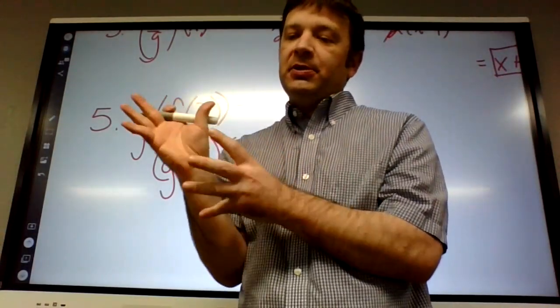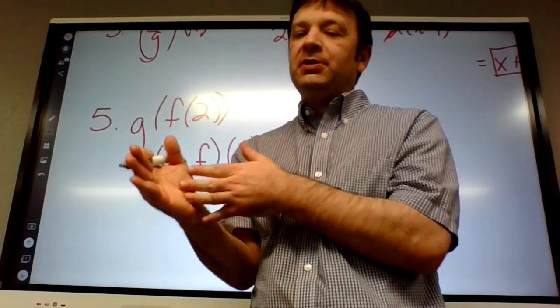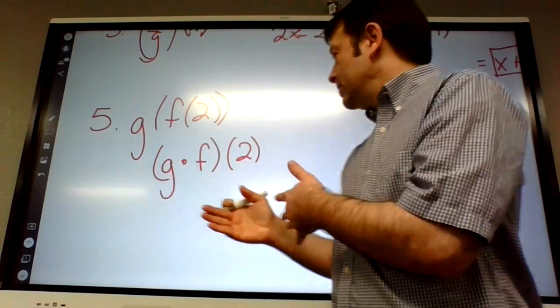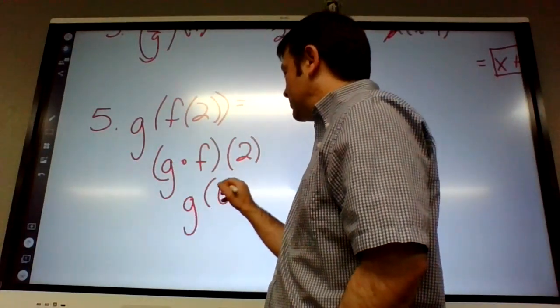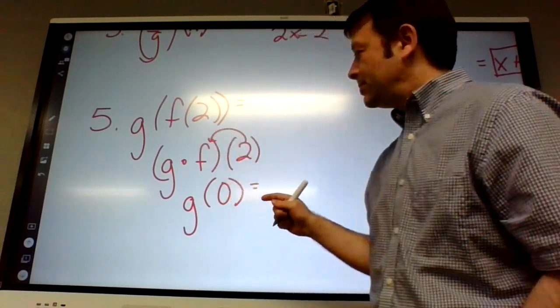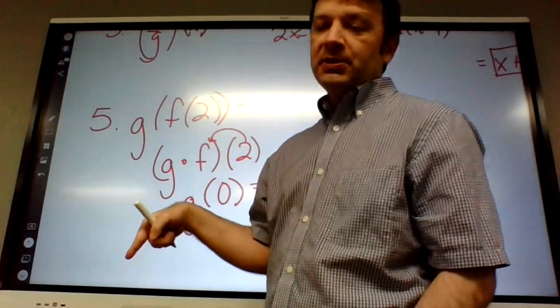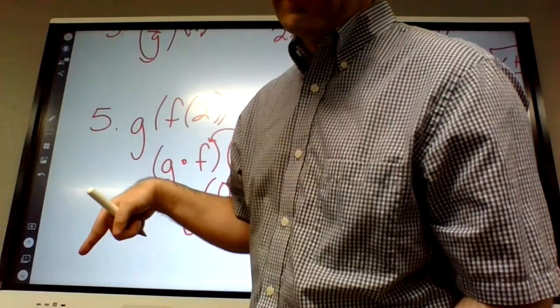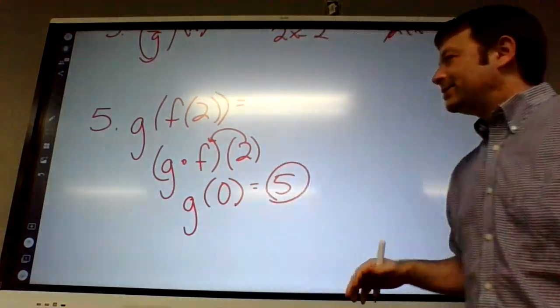Up in the directions it says 2, 0, that means when the x value is 2, the function equals 0. So f of 2 is 0, so then we need to figure out what g of 0 is. You guys follow that? Yeah. So when we put in 2, 0 comes out, and then we need to put in 0 into g. So what's g of 0? 5. 5, yeah. So that's the answer.